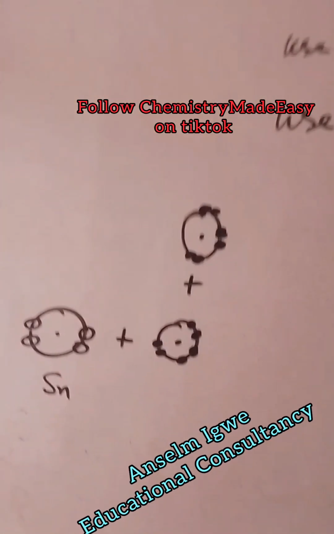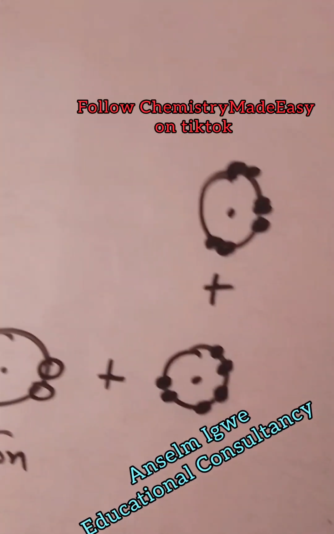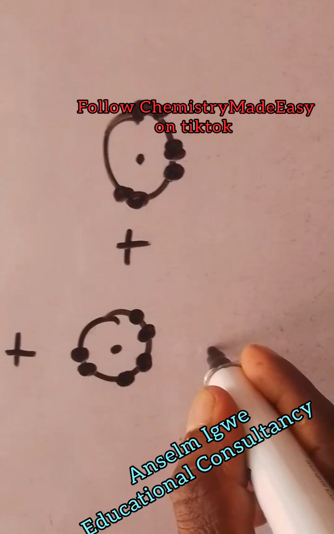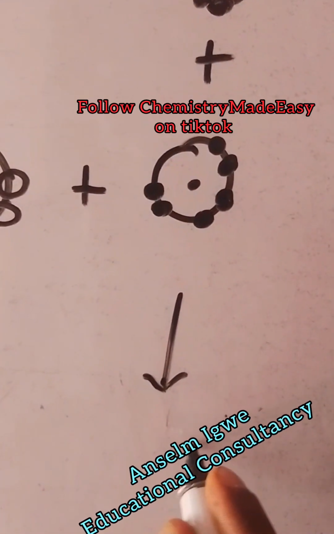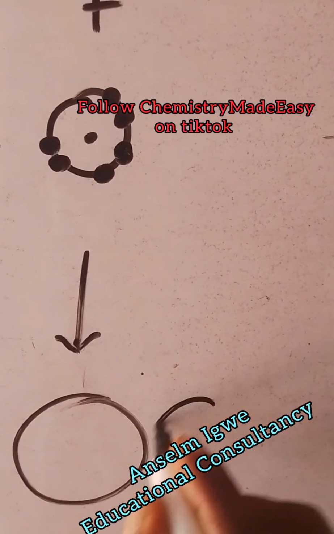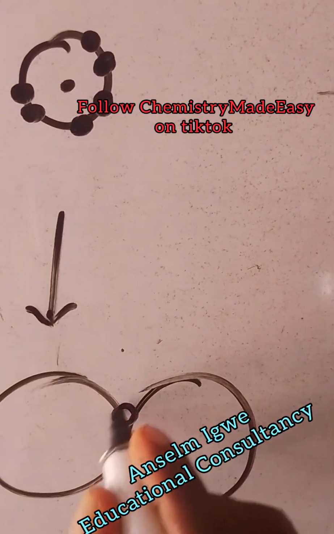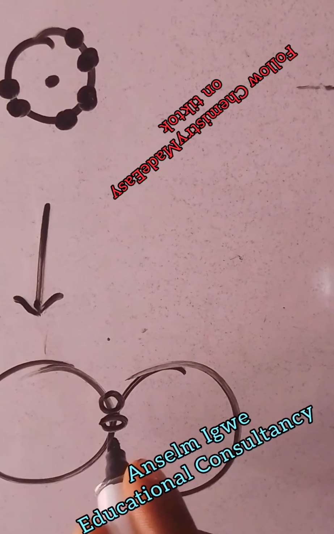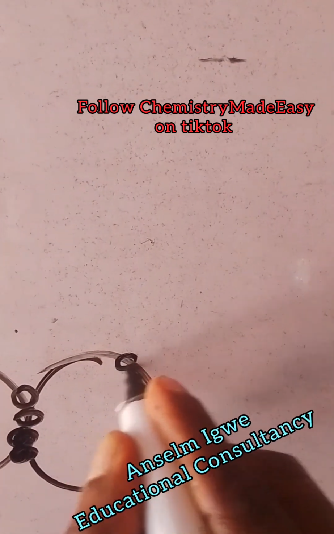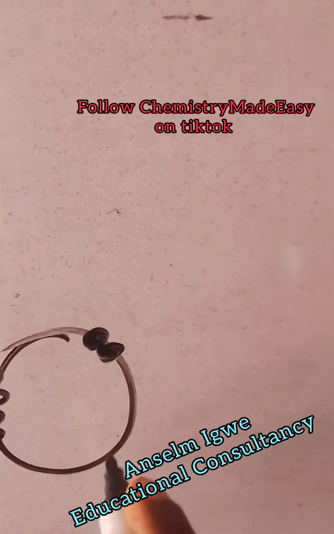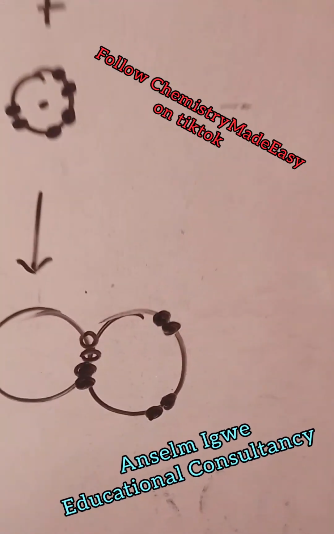So what happens is that if this tin is using 2p electrons, it's going to combine with this oxygen, only 1 atom of oxygen, to form something like this. There is going to be an overlap, so that the 2 electrons from tin bond with the 2 electrons from oxygen, this way, and form this.